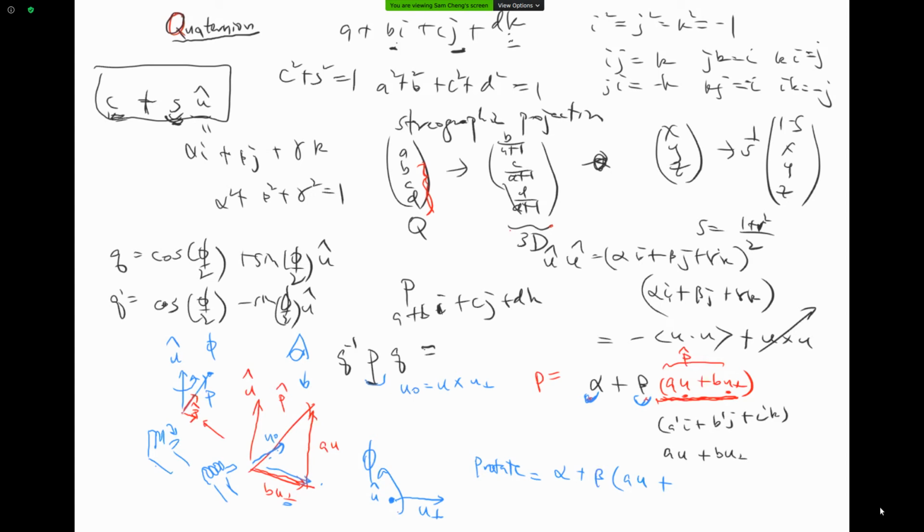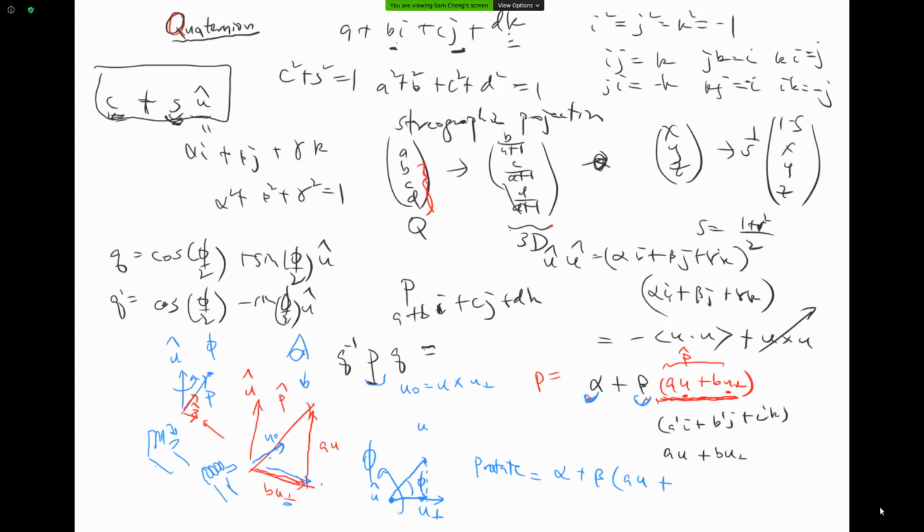If I rotate by 5 degrees here, my new vector is somewhere here. Let me draw it better. This vector is equal to U perpendicular times cosine phi, so it's scaled by cosine phi.